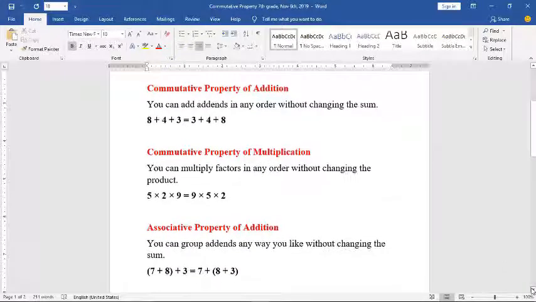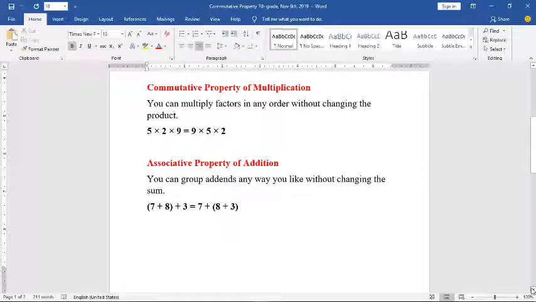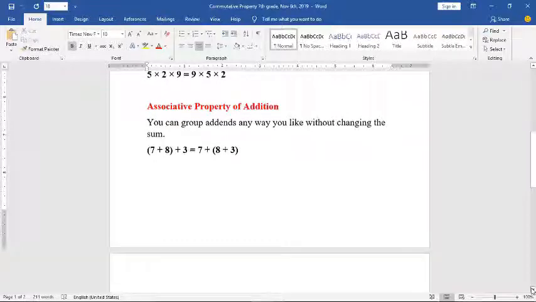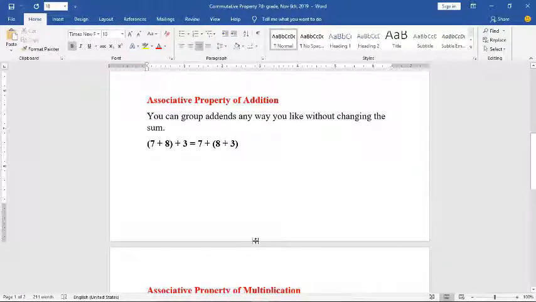Let us see the second property, which is the associative property. The associative property of addition. You can group addends. The word group here means to put items together.